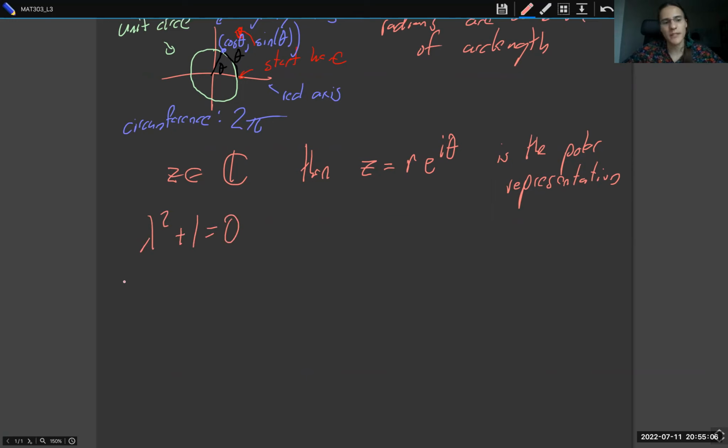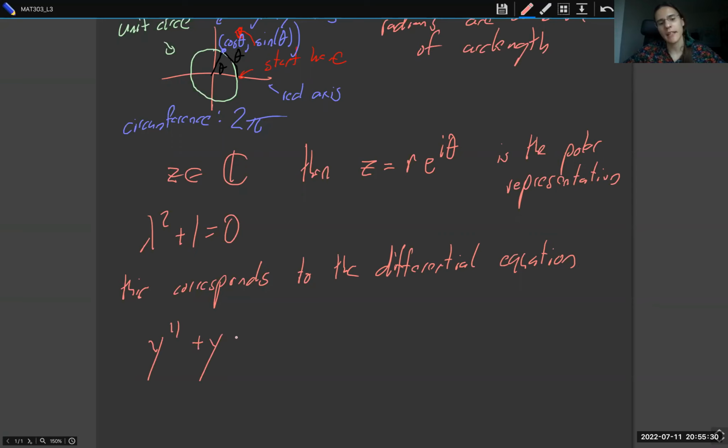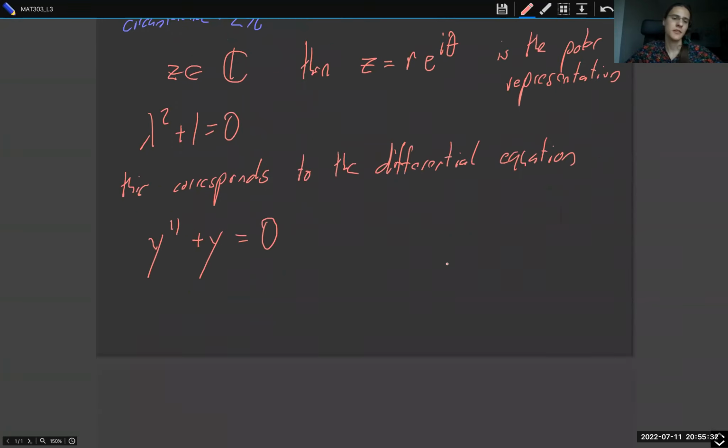This corresponds to the differential equation y prime prime plus y is equal to 0, right? And so the solutions are e to the it and e to the minus it.